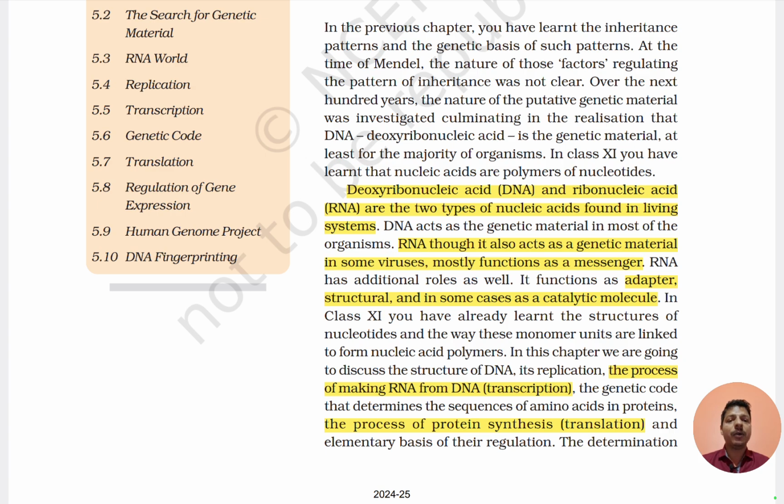RNA has an additional role as well. It functions as adapter, structural and in some cases catalytic molecule. In this chapter we are going to discuss the structure of DNA, its replication, the process of making RNA from DNA, that is called transcription, the genetic code that determines the sequences of amino acids in proteins, the process of protein synthesis, that is translation, and the elementary basis of regulation.